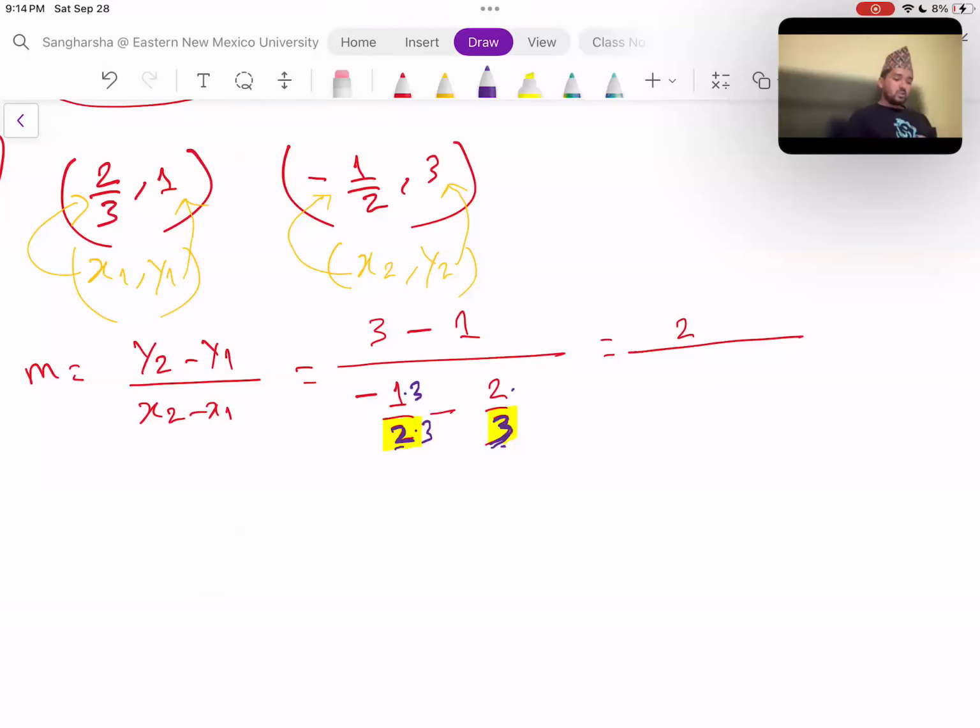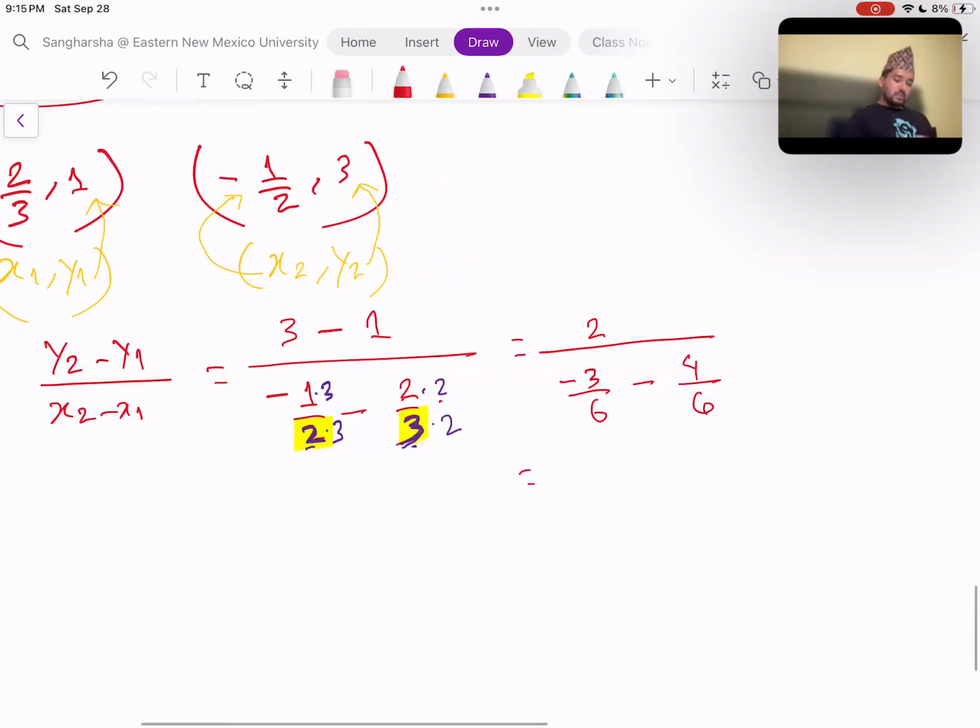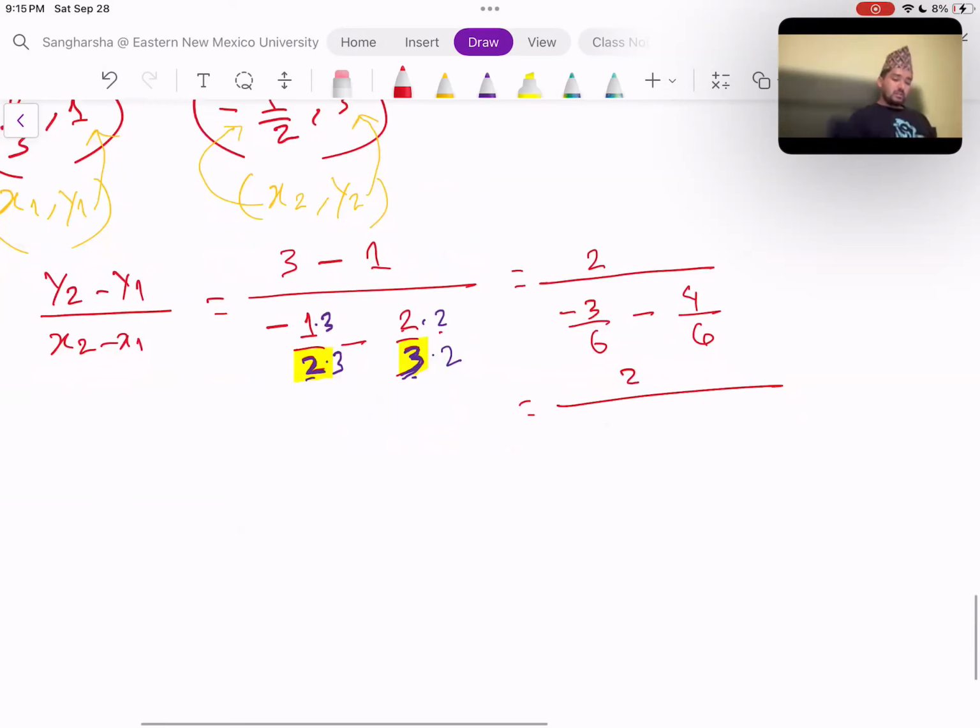So we choose 2 to multiply the numerator and denominator. So we have -1 times 3, -3, divided by 6, minus 2 times 2, that is 4, divided by 3 times 2, 6.